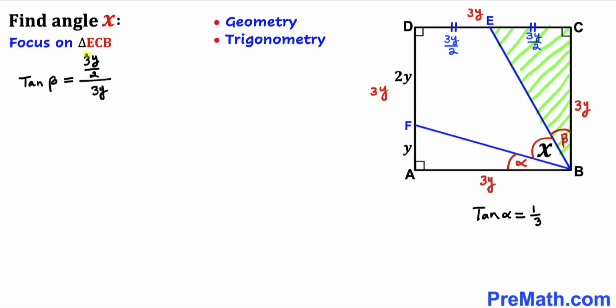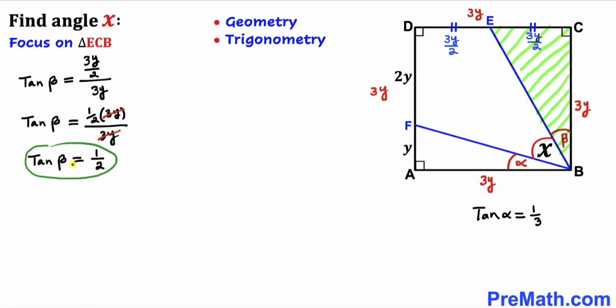On this numerator, 3y divided by 2, we can write it as 1 divided by 2 times 3y. Now this 3y and 3y cancel, so we end up with simply 1 divided by 2. Therefore, tangent beta is equal to 1 divided by 2.